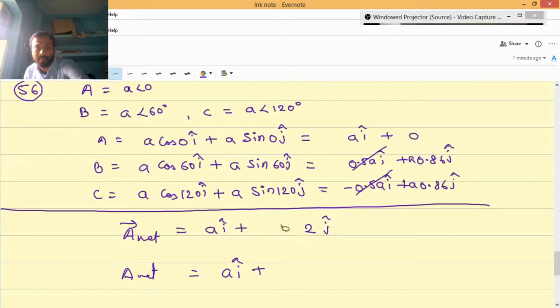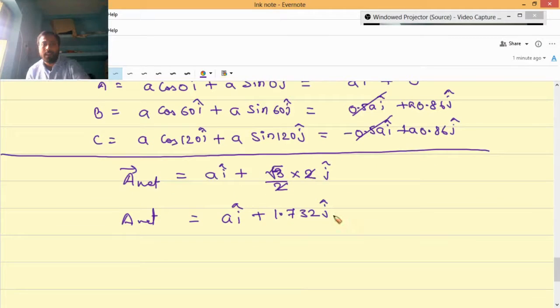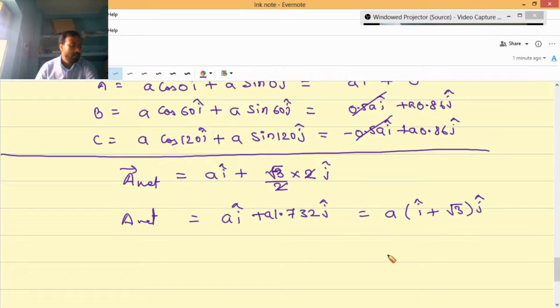Again, some confusion may come, that's why I am writing it like this. So you can write it as A times (1 i cap plus root 3 j cap).